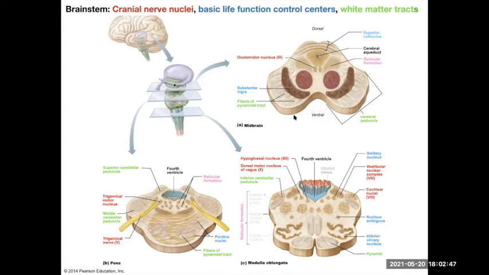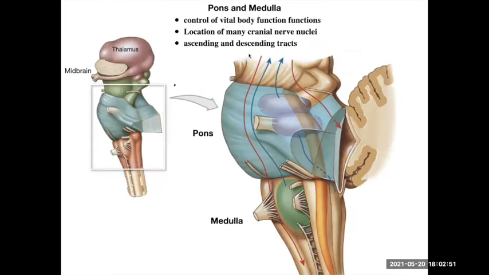So we'll go into a couple of details about the particular regions. The pons and the medulla, we're going to lump in together, with a couple of special parts on each of them. But in general, what we'll find is control of these vital body functions: again, respiratory, cardiovascular, as well as things like micturition, that is urination, and other very basic functions.